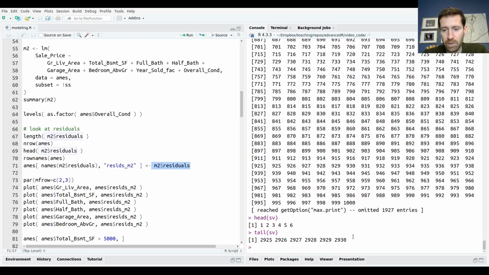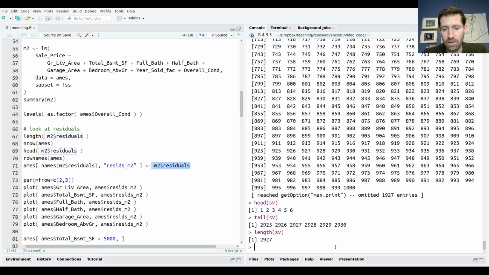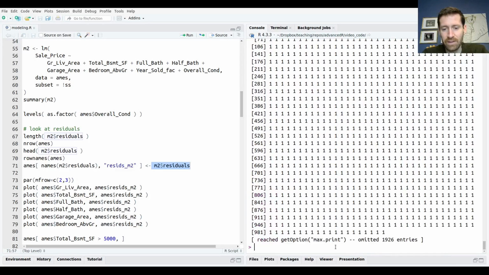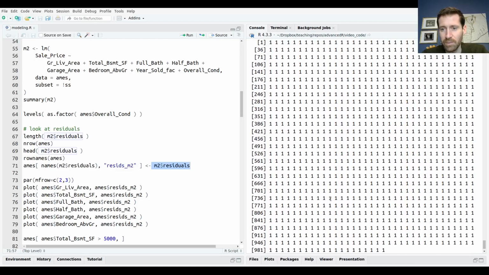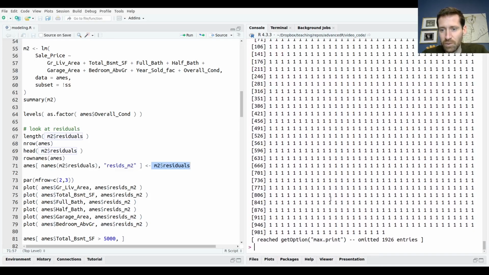It goes up to 2930, but the length is 2927. So which ones are missing? How would you find that? Well, you could do something like diff. Most of the time this is 1, but it's going to be 2 somewhere.